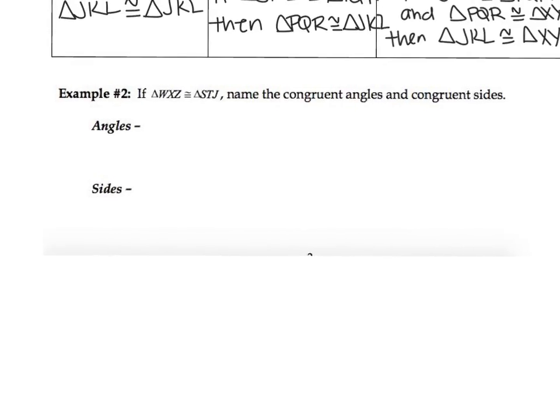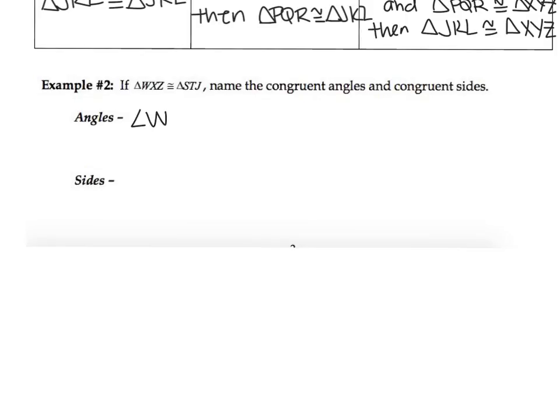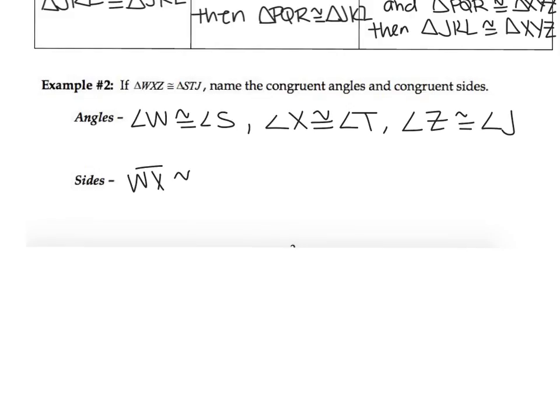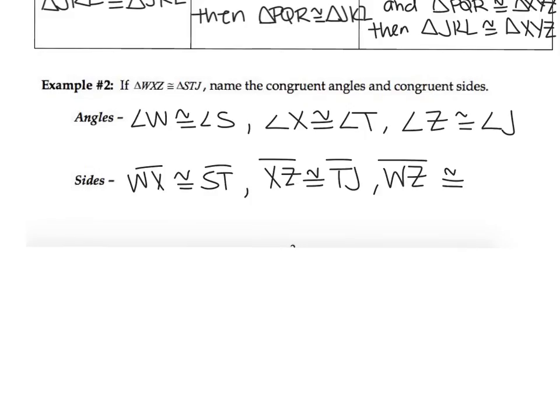So angles: angle W is congruent to angle S. Then angle X is congruent to angle T, and angle Z is congruent to angle J. And for the sides, we have WX is congruent to ST, XZ is congruent to TJ, and WZ is congruent to SJ. You can do this based solely on the order that you named the triangles.